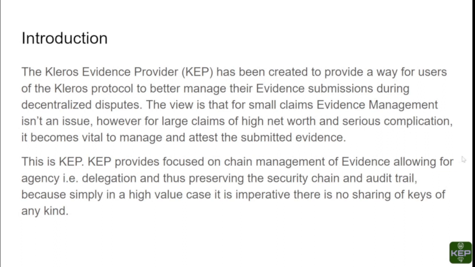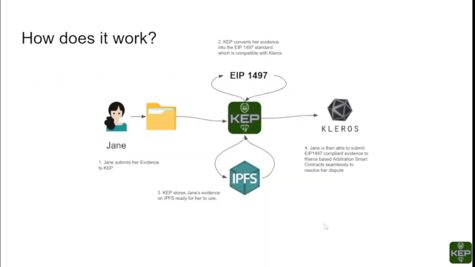So how does it work? So how it works is that we have Jane. Jane submits her evidence to KEP, and then KEP converts her evidence to the EIP 1497 standard, which is compatible with Kleros, and then KEP stores Jane's evidence on IPFS, ready for her to use.